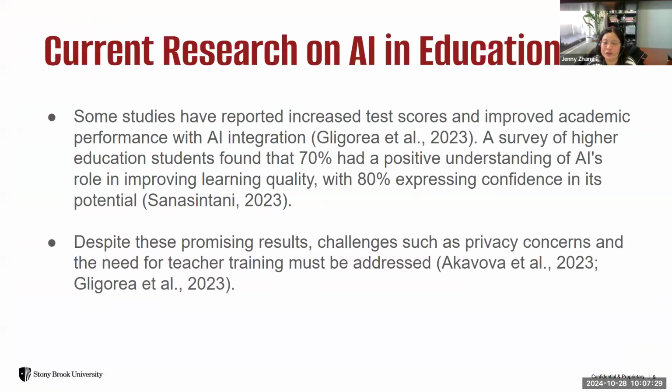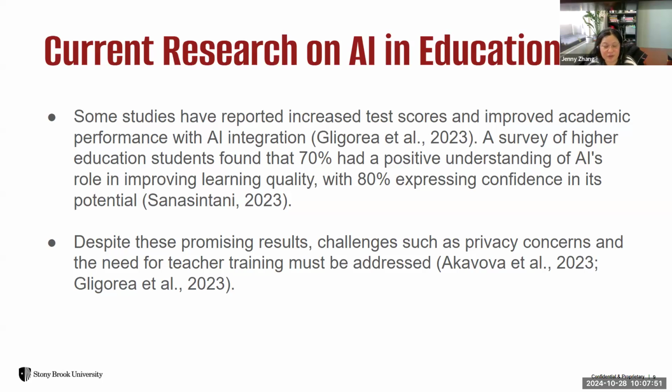Okay, so the current research on AI in education shows increased interest. In many cases, students have reported better academic performance with AI integration, and students have a positive understanding of AI's role.